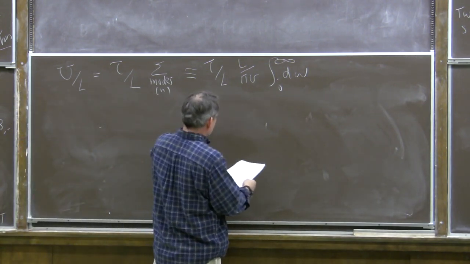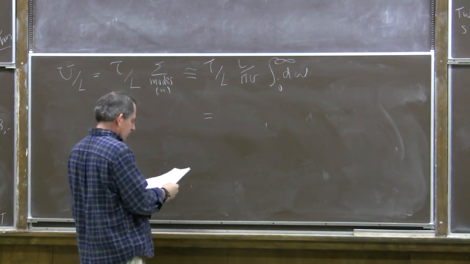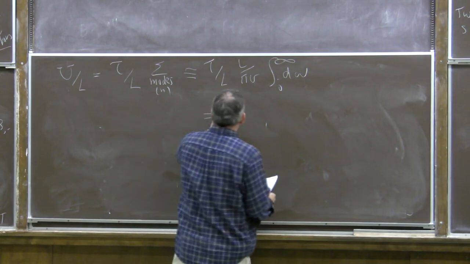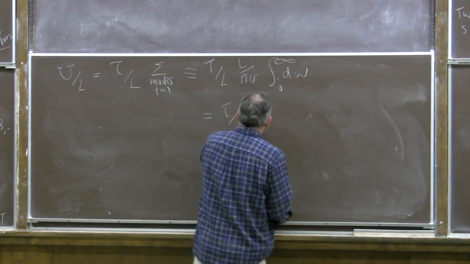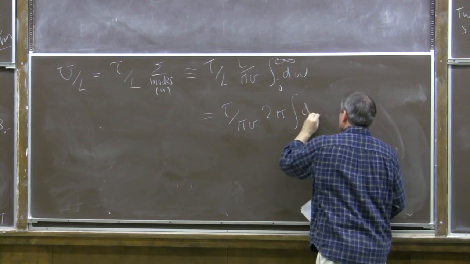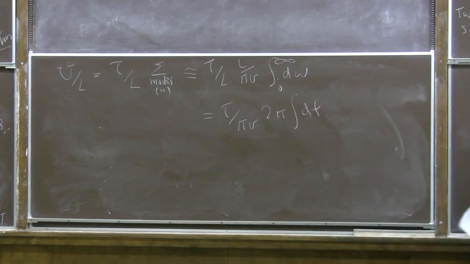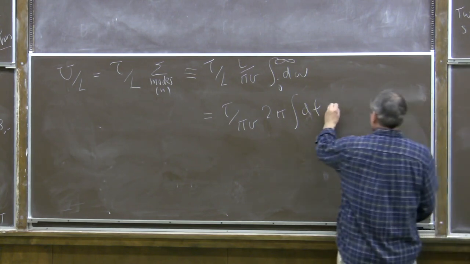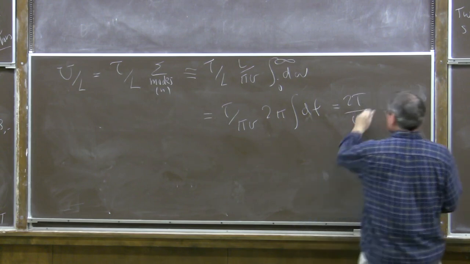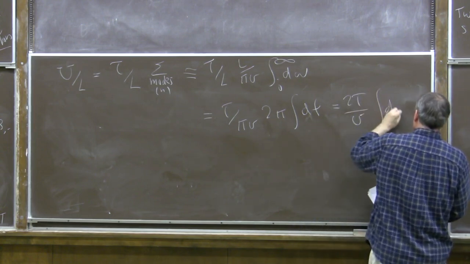Actually, let me write this in terms of an integral over frequency, because that's the notation I used before. So this is tau over pi v, and then I get a factor of 2 pi if I write it as a frequency integral instead of a circular frequency integral. So it's 2 tau divided by the speed times frequency interval.